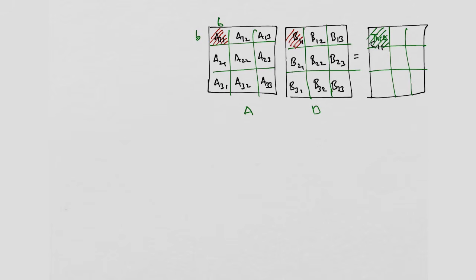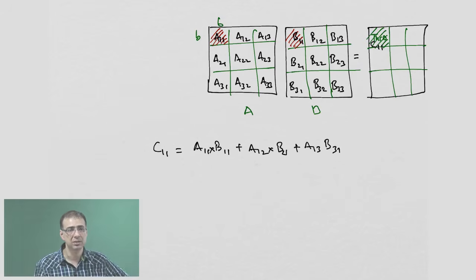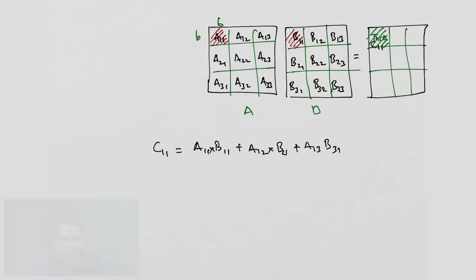Ideally I should start with 0, but it's fine for now. So how do I compute C11? C11 is A11 times B11, the product of these two submatrices, plus A12 times B21 plus A13 times B31. If I multiply these pairs of submatrices, then I get my block C11. You have to convince yourself of that. It's easy to check. You can verify.